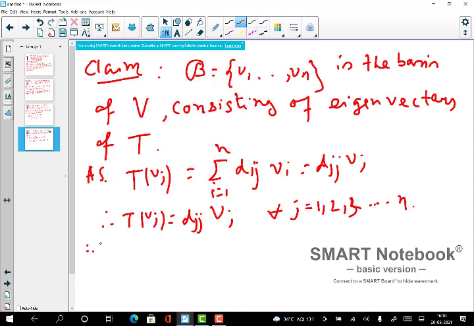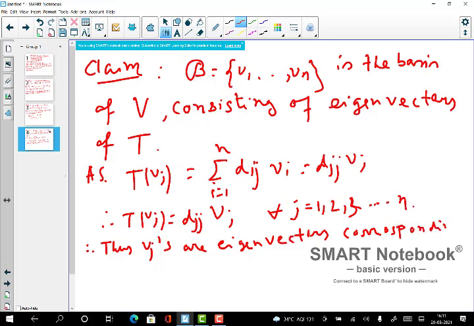Thus these vj's are eigenvectors corresponding to the eigenvalues djj.